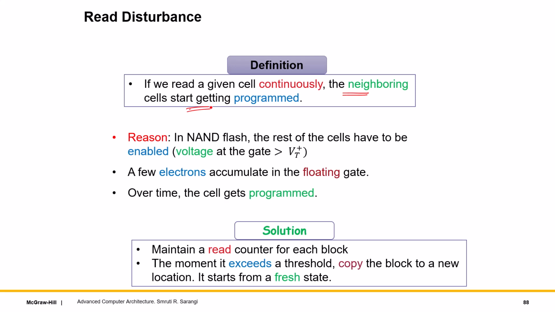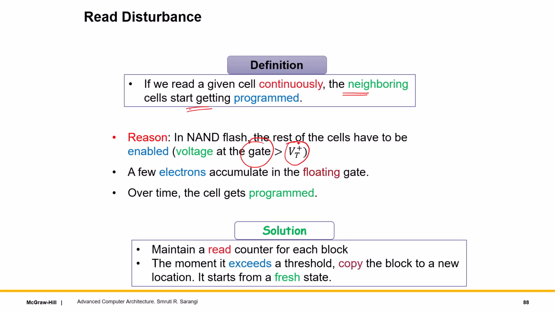In NAND flash, the rest of the cells need to be enabled, meaning the gate source voltage has to be greater than VT plus. This is of course not as high as the programming voltage, but it is sufficient to pull a lot of electrons up. So gradually they get accumulated in the floating gate, which causes an issue.